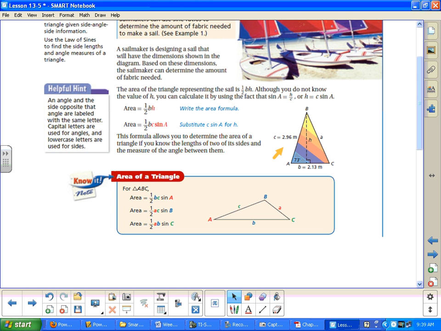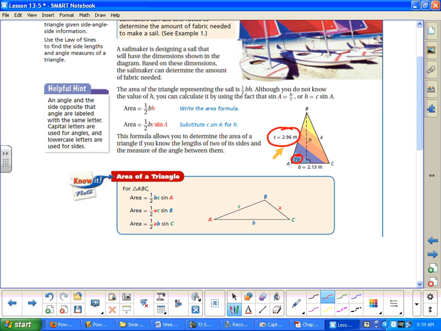So here the altitude is going to be the opposite side. The side that we know here between angles A and B is 2.96, and they know that angle A is 73 degrees. So I can use the fact that this is now the hypotenuse of that right triangle, and here's my angle.